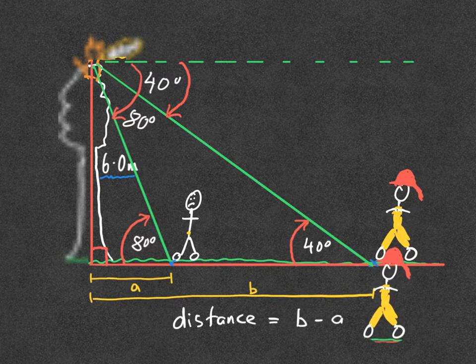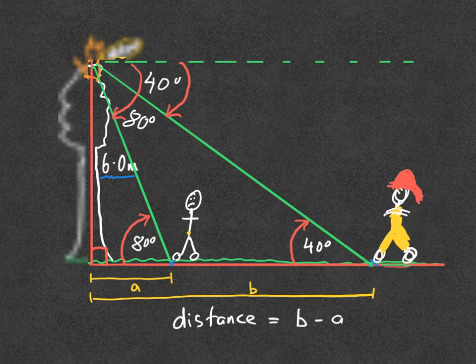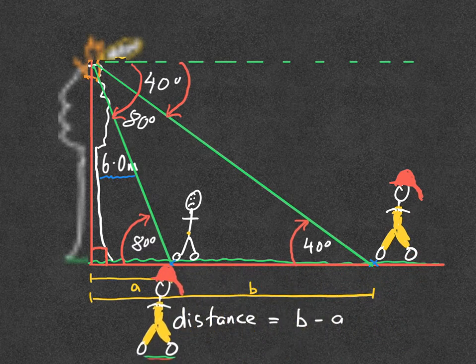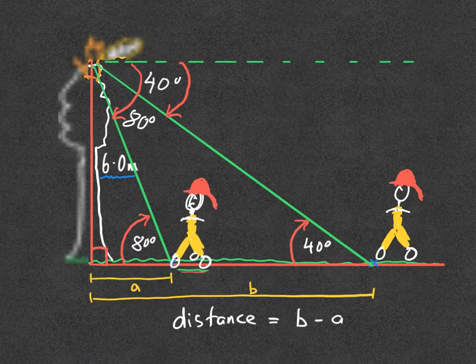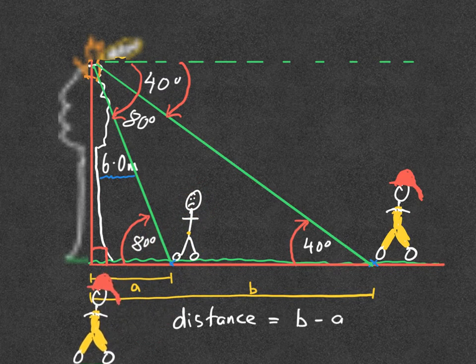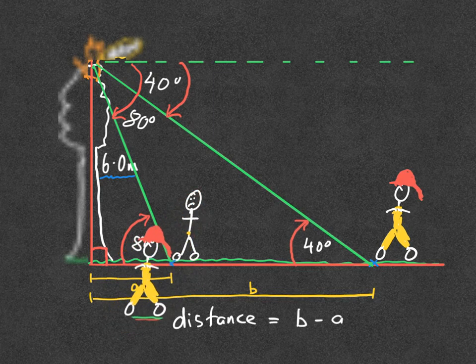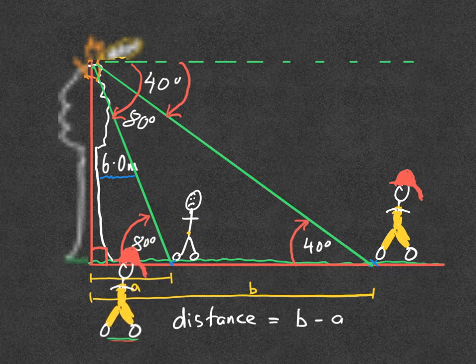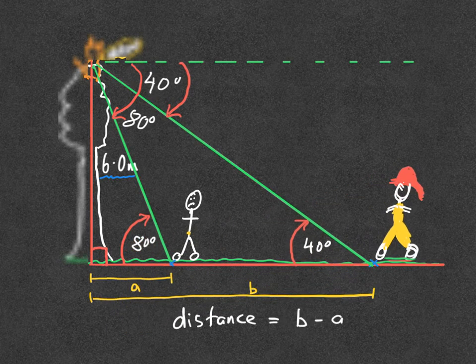Perhaps, if Paul was north, they could have been around north 30 degrees east, or they could be due east at the same angle of depression from Nomi, and clearly the distance between the fireperson and Paul would not be the same, B take A. So this diagram here is not very good in 2D to show a three-dimensional problem. So let's have a look at how we might sketch that up.